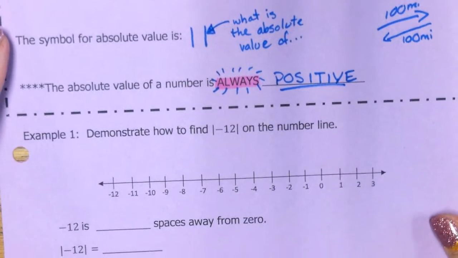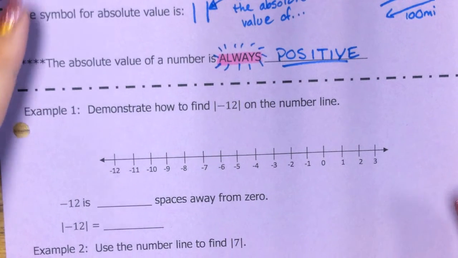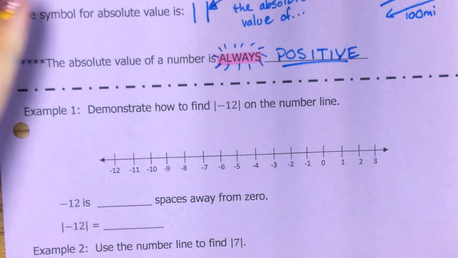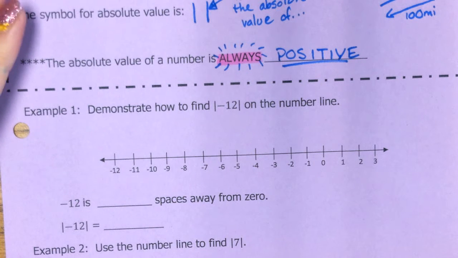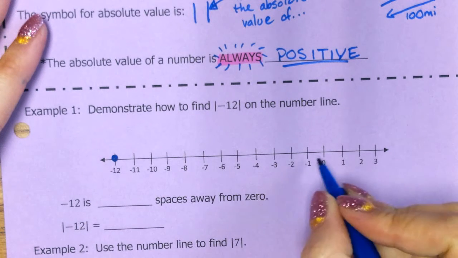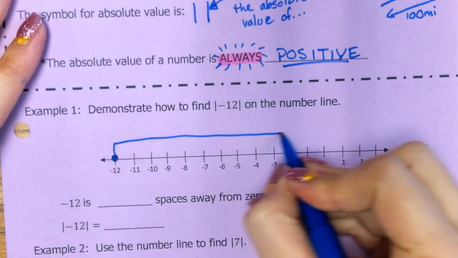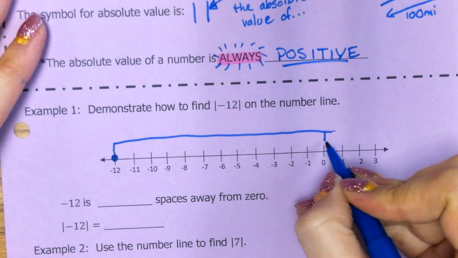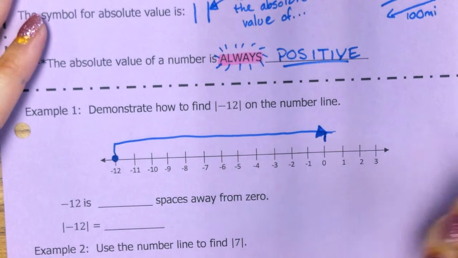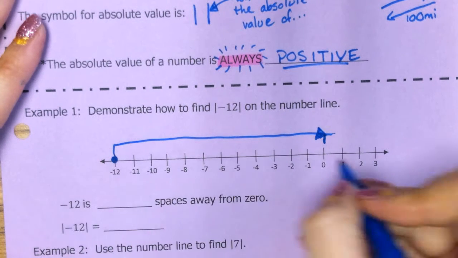So let's look at some examples. Determine how to find the absolute value of negative 12 on the number line. The first thing I need is a distance to 0. So I'm going to start at negative 12, and then I have to get all the way to 0. Now I want to know how many spaces that is.